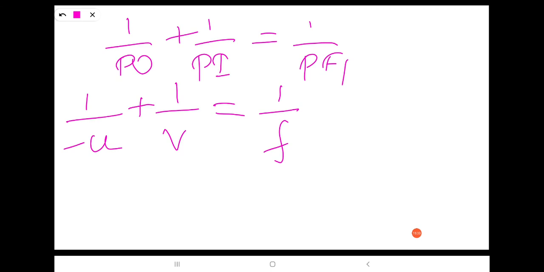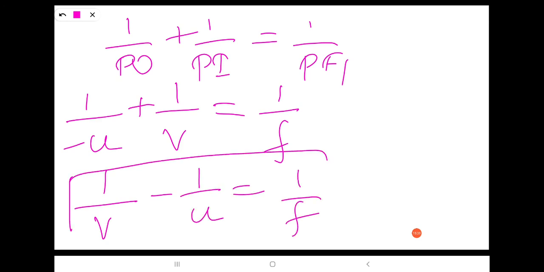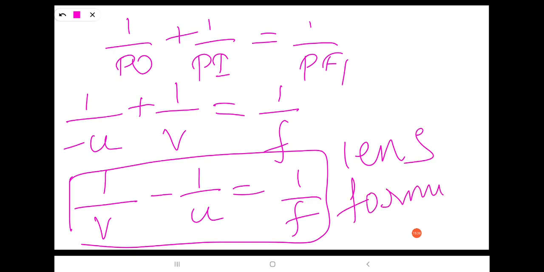So here we can write 1 by v minus 1 by u equals 1 by f. So this equation is called the lens formula. It can be used for any lens. But remember to use the sign convention while using this equation.